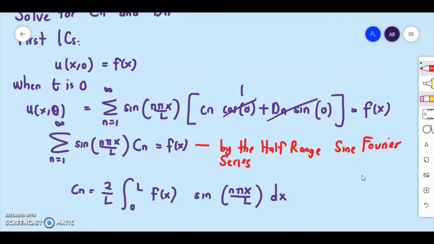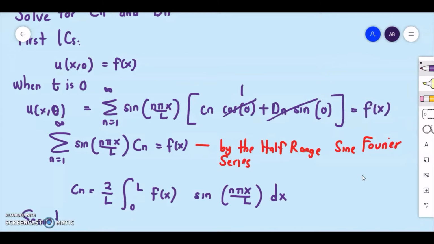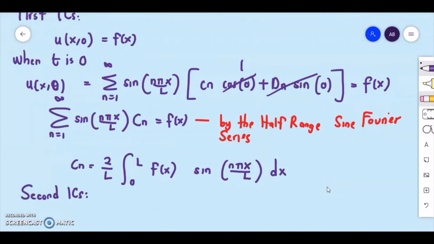Now what you gotta do is find the solution for d_n. The solution to d_n you can obtain by using the second initial condition, given by taking the derivative, which equals g(x).